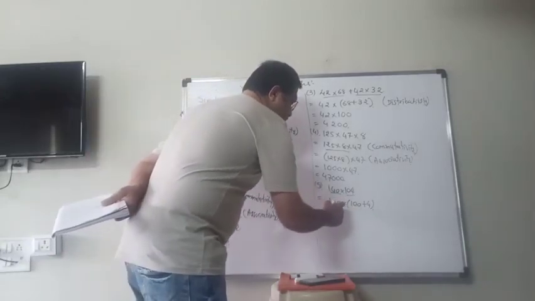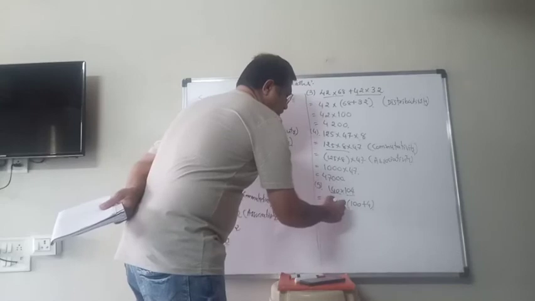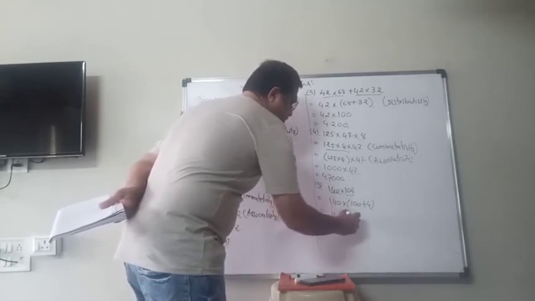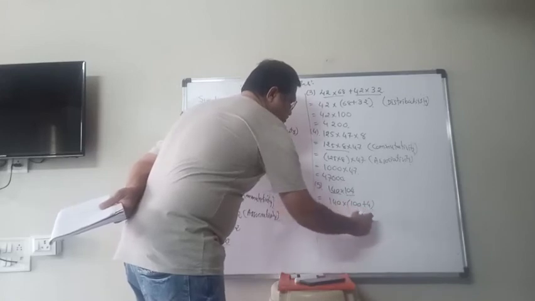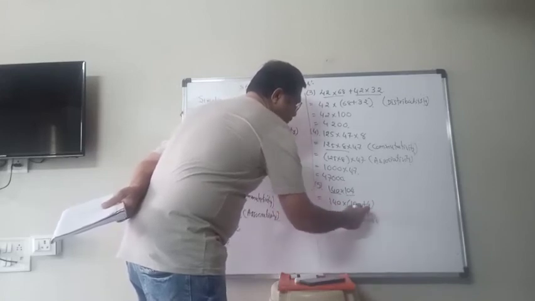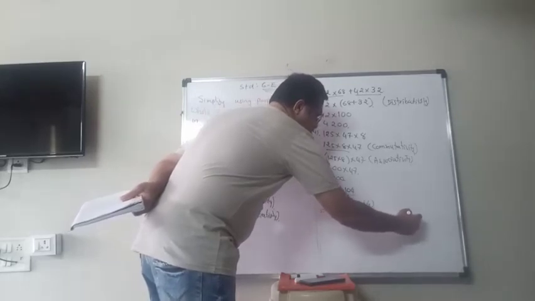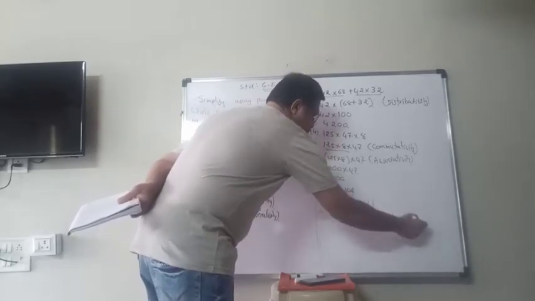So now we know that here 140 will be multiplied with both of them. 140 multiplied by 100 plus 140 multiplied by 4. Here we used distributivity.